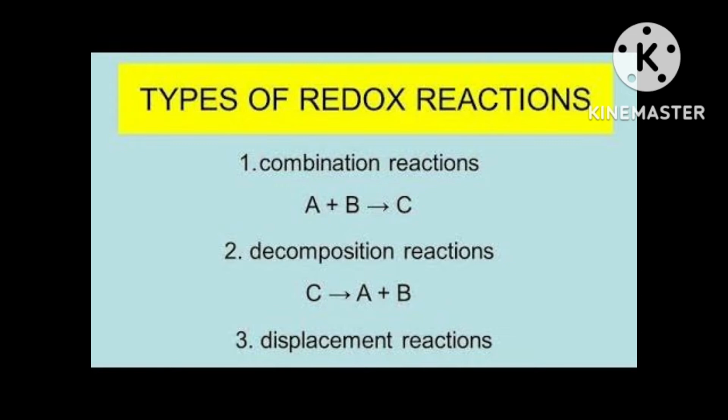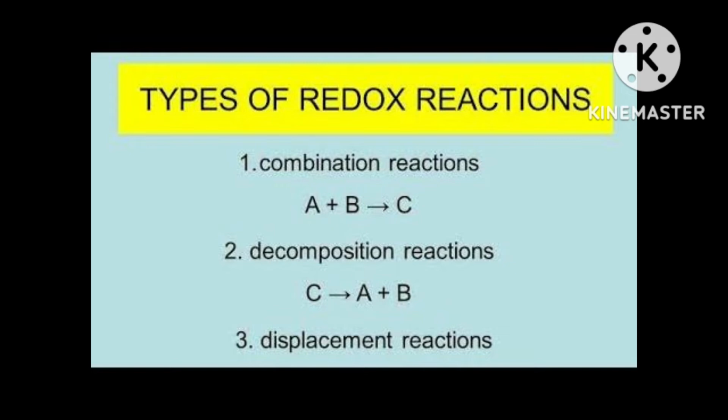There are different types of redox reactions, for example, combination reaction, displacement reaction. In displacement reaction there are two types: metal displacement and non-metal displacement. Next is decomposition reaction.